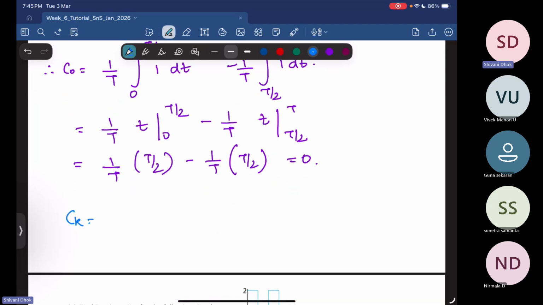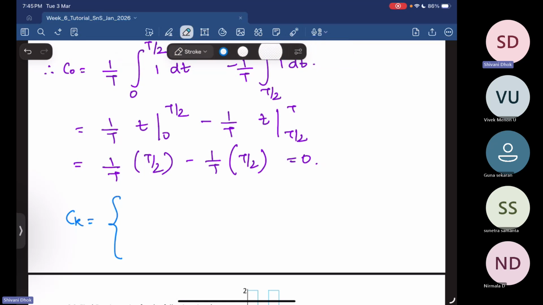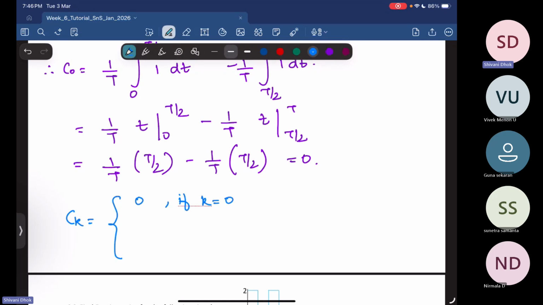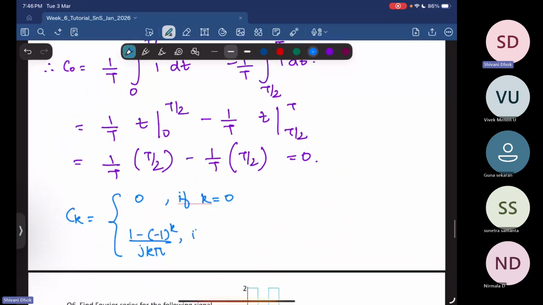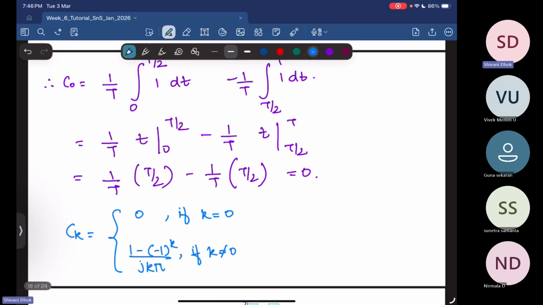We get Ck is equal to 0 if k is equal to 0, and it comes out to be 1 minus minus 1 to the power k, by j k pi, if k is not equal to 0. Okay. So these are the Fourier series coefficients for the given signal. Is it clear? Any questions?